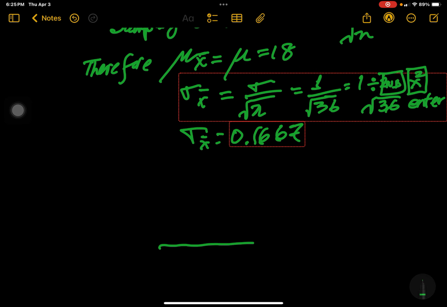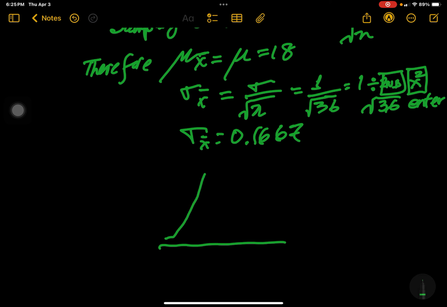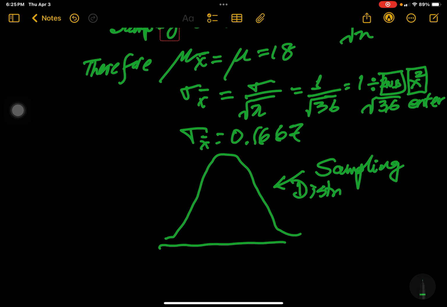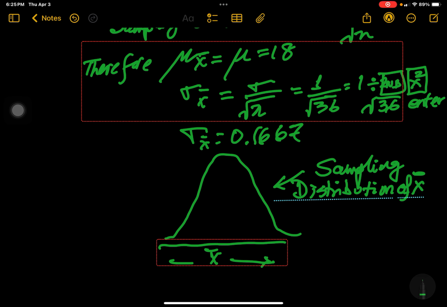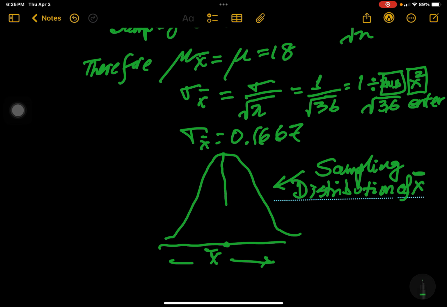Okay, so let's draw the sampling distribution. We know the sampling distribution is bell-shaped. So this is the sampling distribution of X bar. That means we have X bar values on the horizontal axis and probability on the vertical axis. Now the center, where the peak is the highest, this is mu X bar.